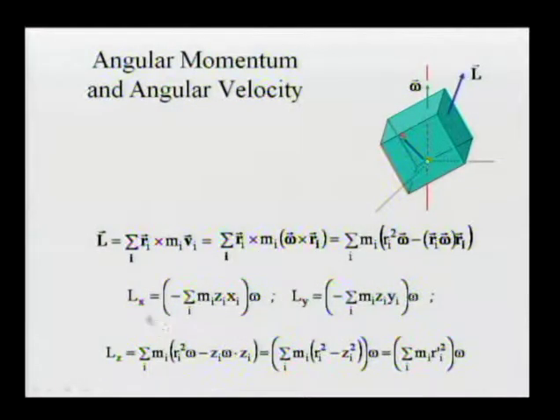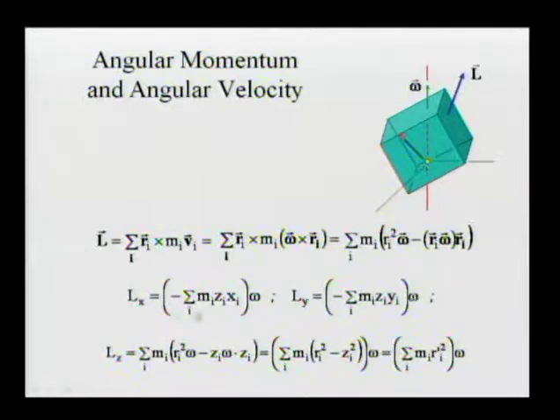So what should be Lx, Ly? What would you have to know about Lx, Ly, and Lz to recognize that vector L is in the same direction as vector omega, and omega is in z direction? That Lx and Ly are 0, right?